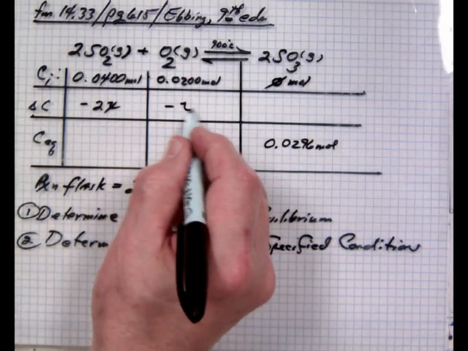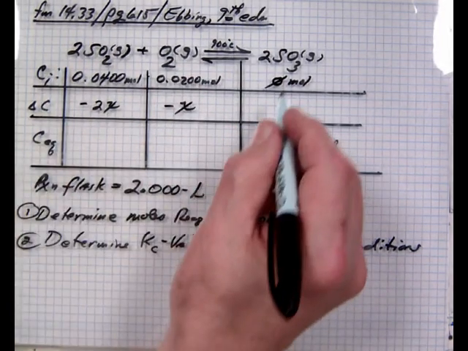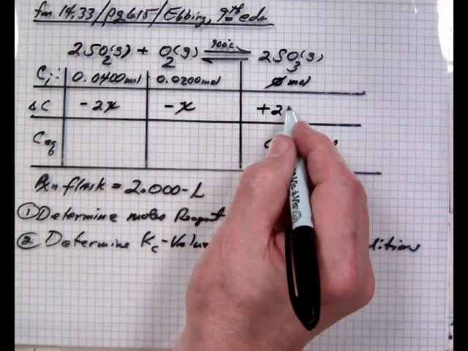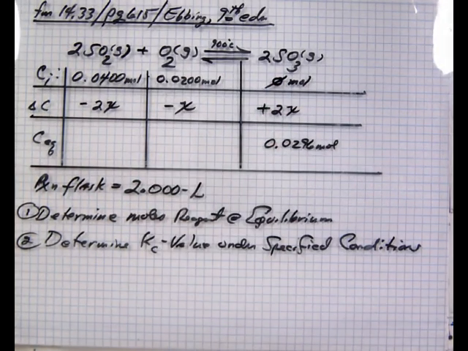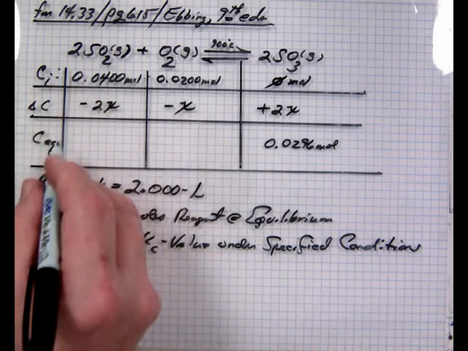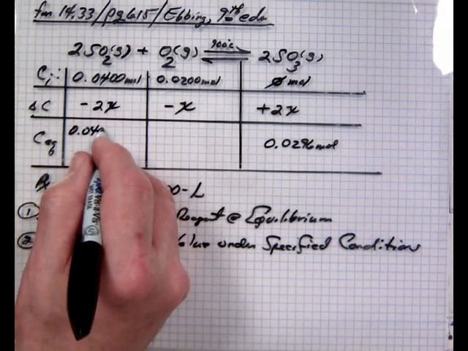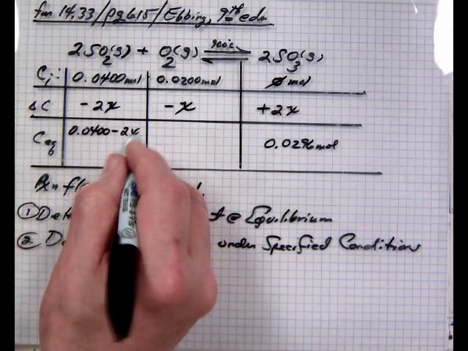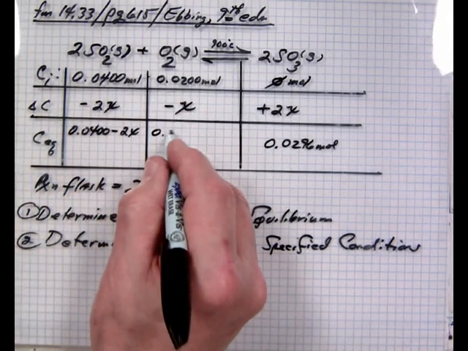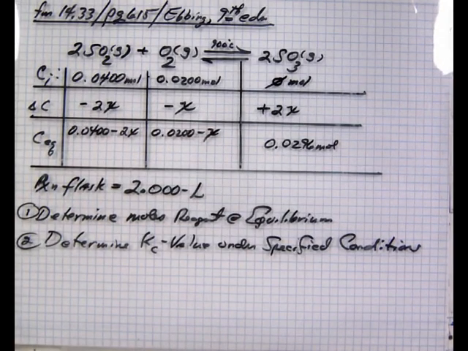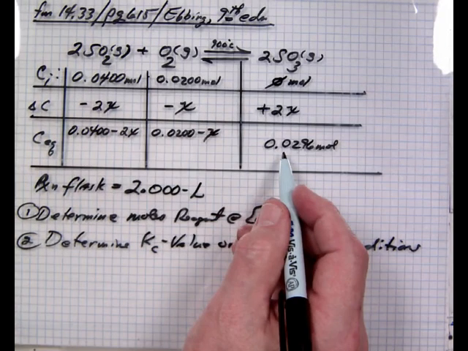Oxygen will decrease 1x, and the SO3 will increase as a product by 2x, leaving us with the calculation 0.0400 minus 2x, 0.0200 minus x, and they gave you that value right here.